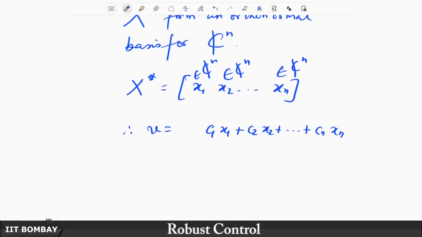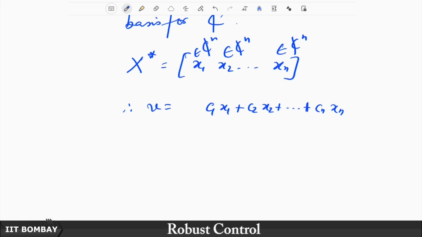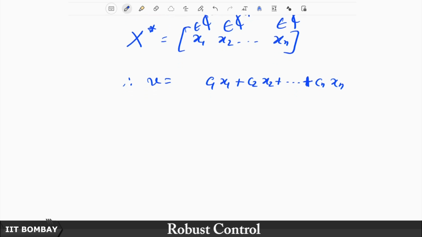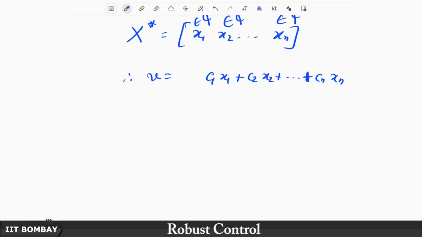Now, if we try to map this, what do we get? We get that Q times V is going to be what?